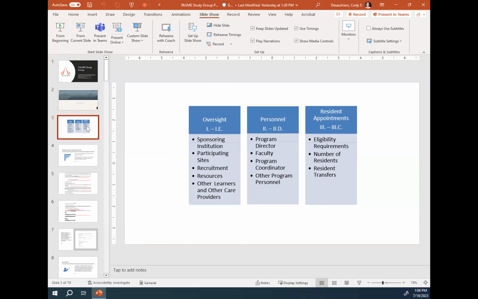With that, there's the oversight, which is the sponsoring institution, participating sites, recruitment resources, other learners, and other care providers. Personnel, who are the program director, faculty, program coordinator, and other program personnel. And then, of course, you have the resident appointments, eligibility requirements, number of residents, and resident transfer.